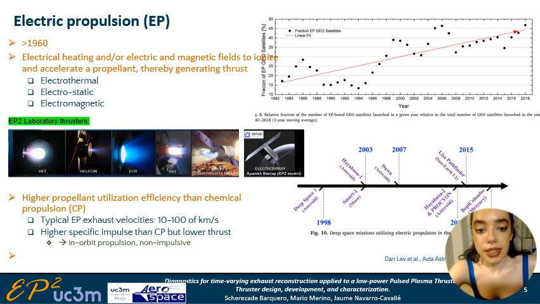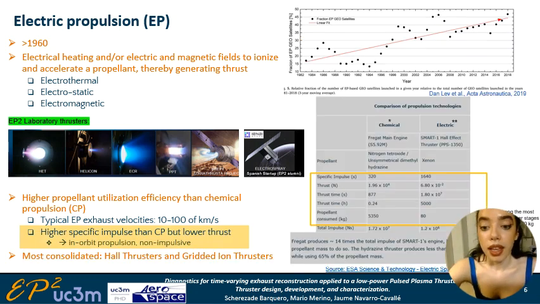There are different types of electric propulsion systems. In comparison to chemical propulsion, you can get exhaust velocities that can be one order of magnitude higher. However, with lower thrust, making electric propulsion ideal for non-impulsive propulsive missions.